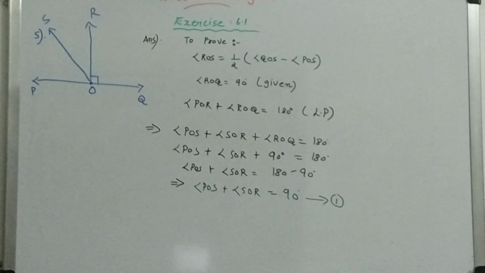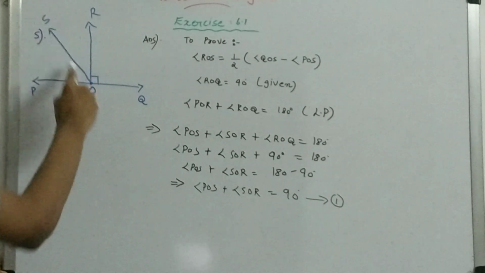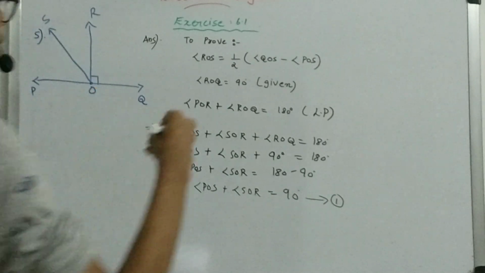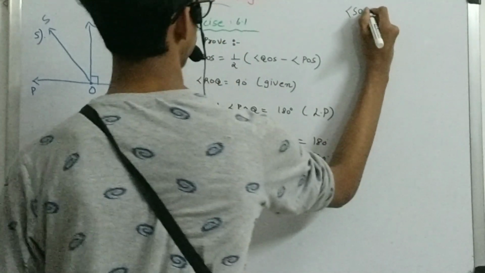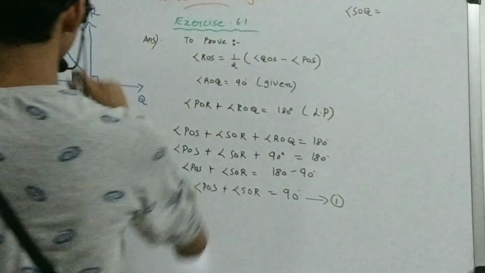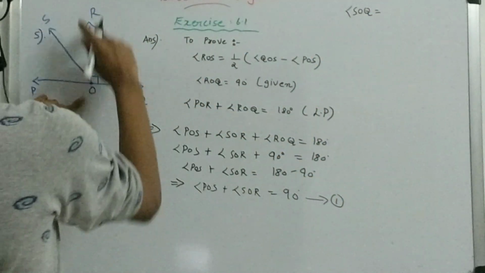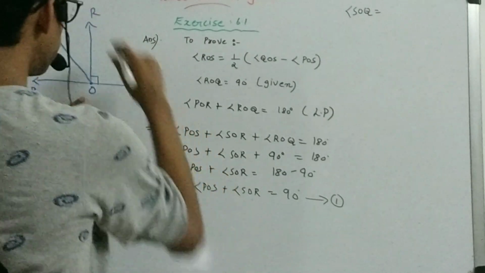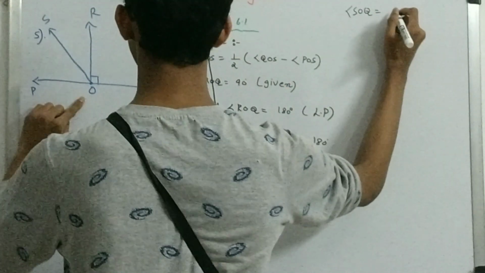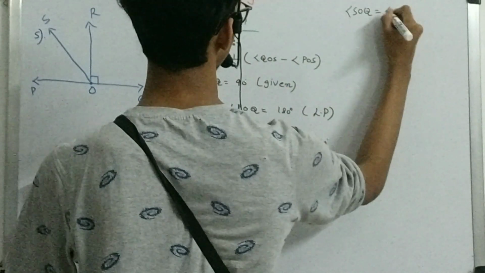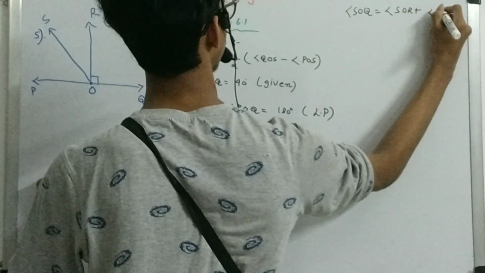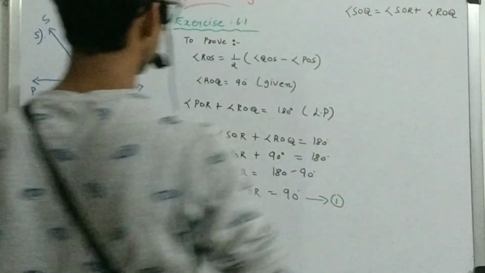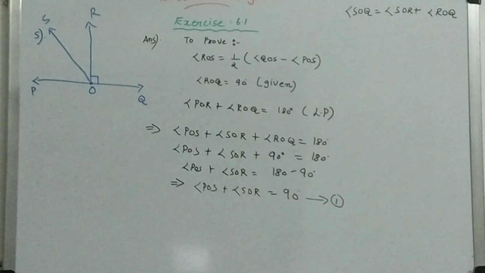Now, my second step is I am taking this full angle SOQ. Full angle SOQ also you can split and write as angle SOR plus angle ROQ. So angle SOQ is equal to angle SOR plus angle ROQ, by the adjacent angle property.